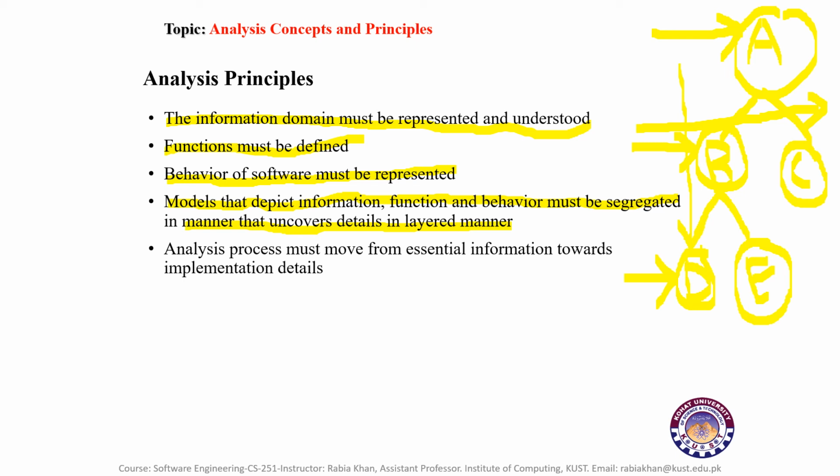When you move in vertical order, more detail about the problem is obtained, and when you move in the horizontal direction, you are actually splitting a major problem into subparts.